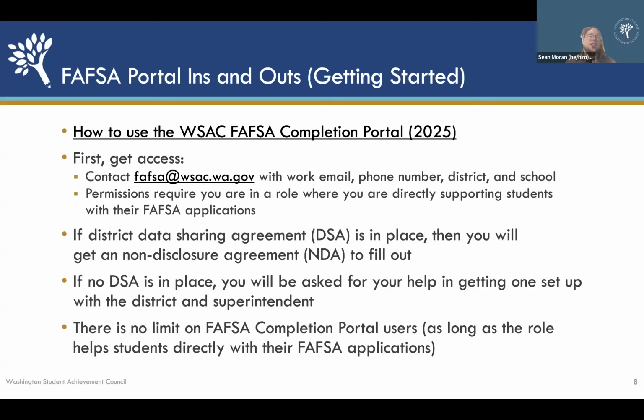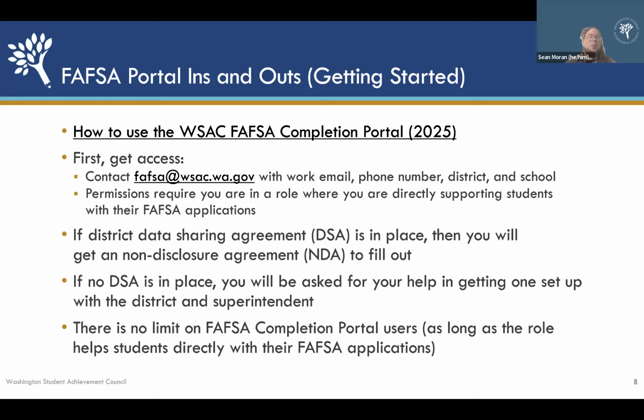This is part of the data sharing agreement we have with the US Department of Education in terms of the data regulations with FAFSA applications, because the FAFSA completion portal has the student-level data. Now, we also have the FAFSA Completion Portal dashboard, which looks at aggregates at schools or districts, and we'll talk about that a little more later.